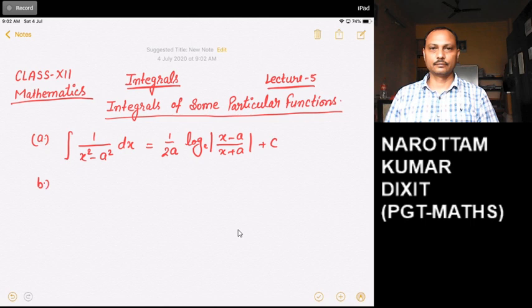The second one is integration of 1 upon a square minus x square with respect to x is equals to 1 upon 2a log of mod of a plus x upon a minus x plus c.